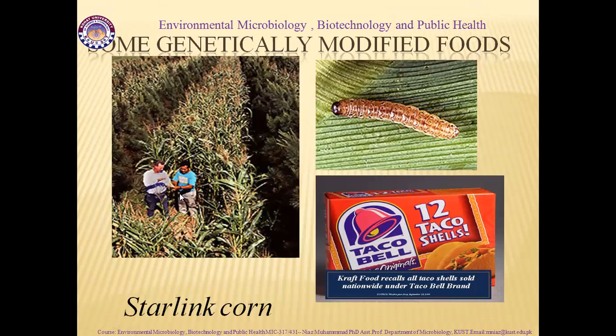These are also genetically modified crops. Quantity has been increased, and they are resistant to insects and to various types of losses. StarLink corn, which is called, what has been done?